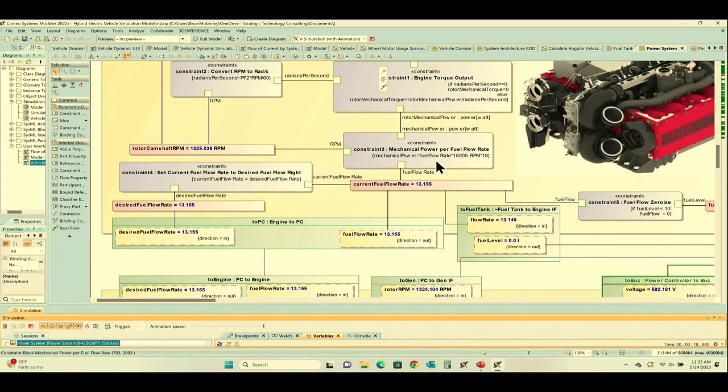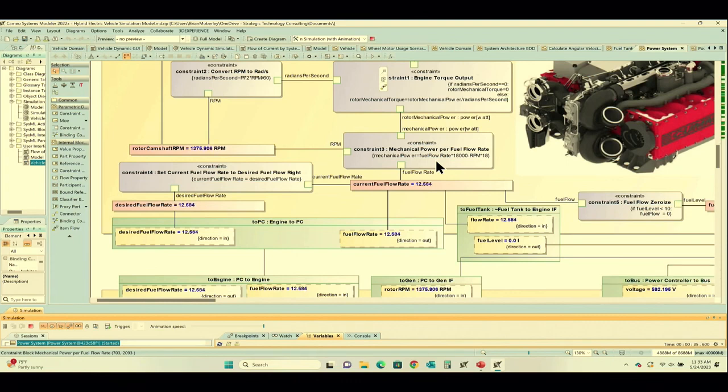So we have fuel flow rate going into this constraint, and it's also pulling in the RPMs of that engine and generator. Out of that, we're getting mechanical power. The mechanical power is produced by knowing the fuel flow rate and multiplying it by a few numbers that look like magic numbers, but they're really there as constants and a way to convert things from kilowatts to watts and so on.